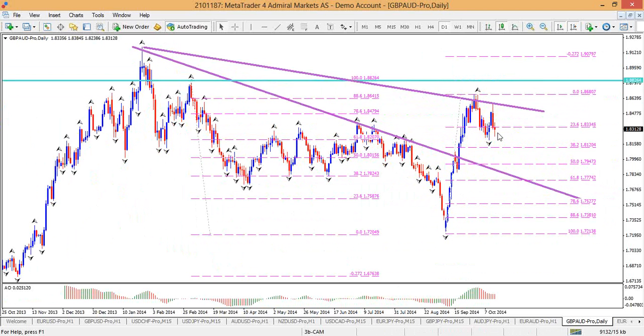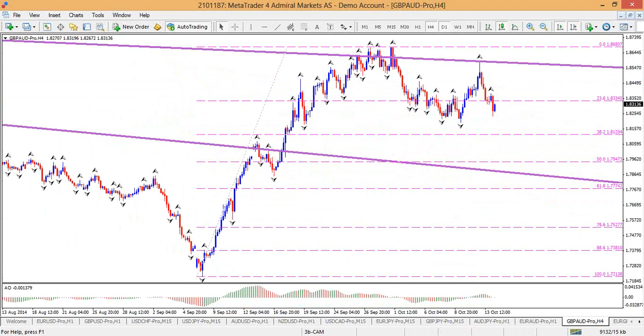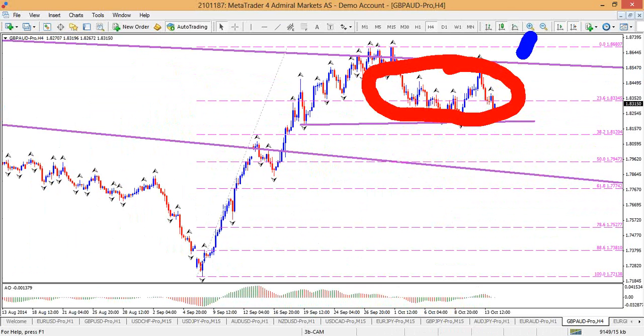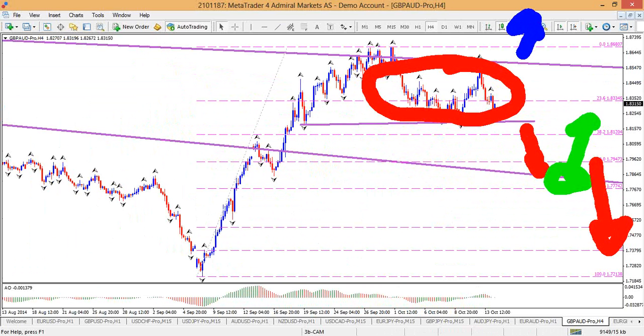However, before I would expect price to retest these levels, we probably would need to see price break below this bottom. So here we're in a triangle, break to the upside or break to the downside, and how will price react here? Bounce, or will it break lower?